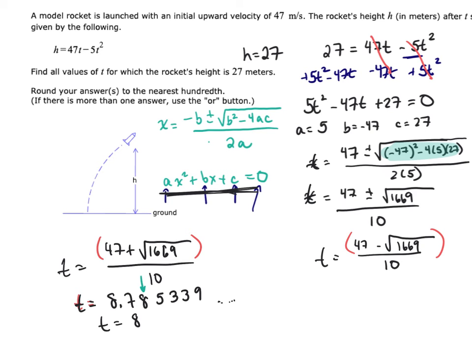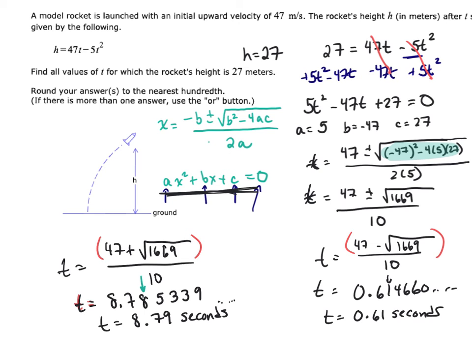So this is going to be at 27 feet at 8.79 seconds. And in this one, when I put the negative root in, this one was also positive, and it turns out to be 0.614660. So at this point, it's 1, and the digit next to it is a 4, so that does not round up. So 0.61 seconds.